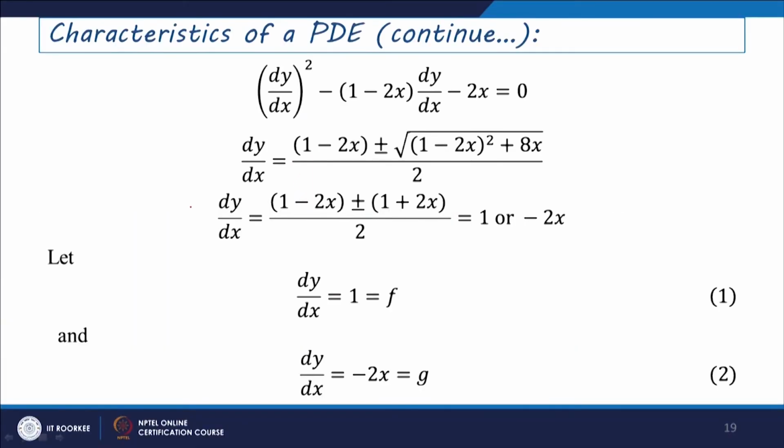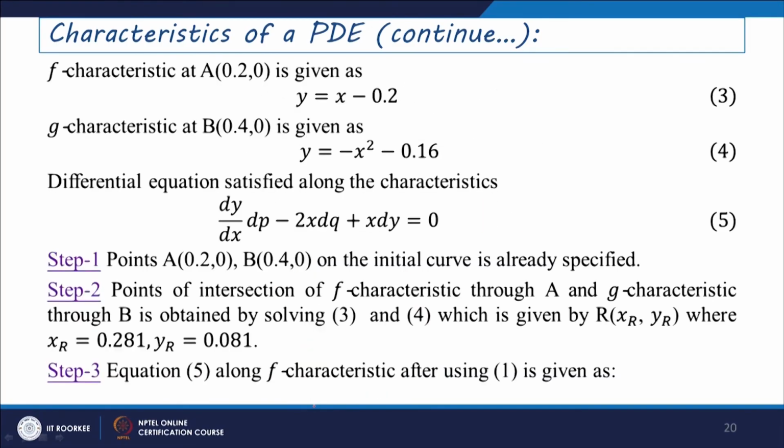So, the characteristic equation can be written as (dy/dx)² − (1 − 2x)(dy/dx) − 2x = 0. If you find the roots, we get dy/dx = [(1 − 2x) ± √((1 − 2x)² + 8x)]/2, which provides the values 1 or −2x. If we consider dy/dx = 1 as f here, and dy/dx = −2x as g here, then the solution on the f characteristic at (0.2, 0) is y = x − 0.2.